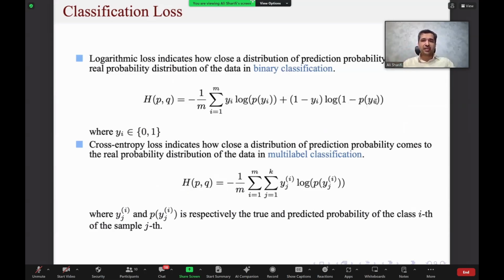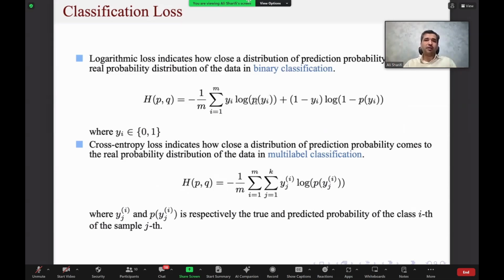And this value is the predicted value of yi, the probability our model assigns for the sample to belong to class 0 or 1.